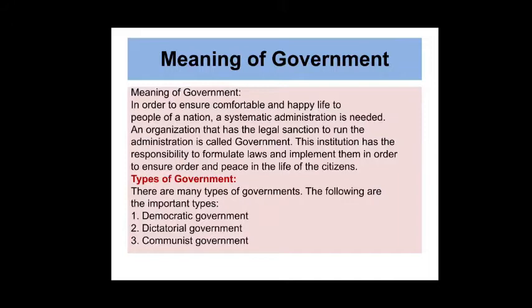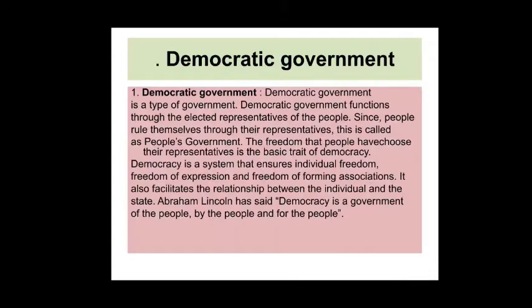This institution has the responsibility to formulate laws and implement them in order to ensure order and peace in the life of the citizen. So we can maintain a very peaceful way. All the people also can lead a very peaceful life.